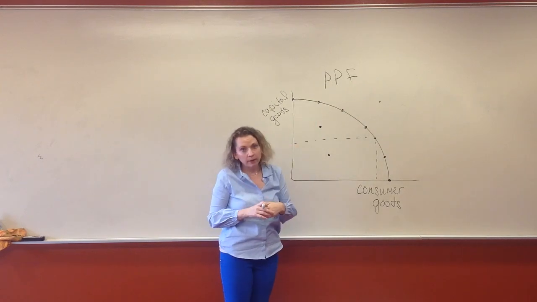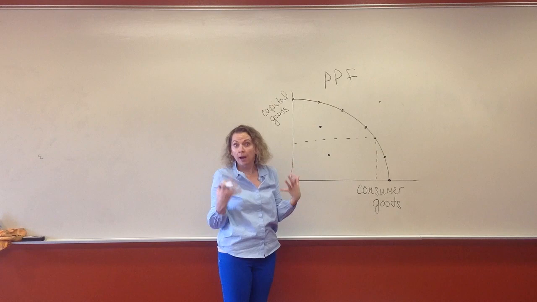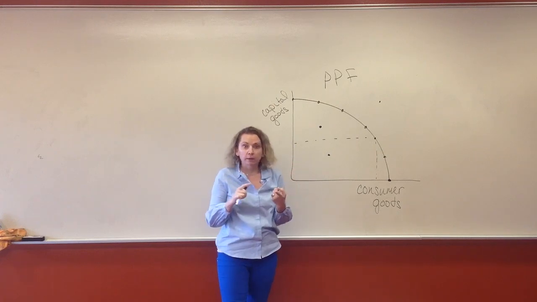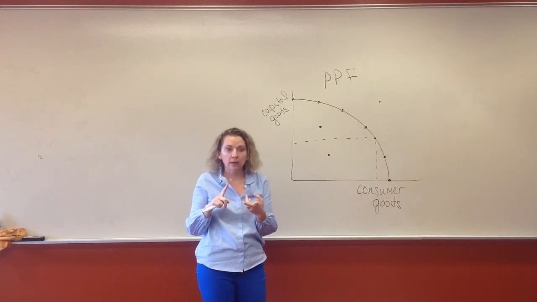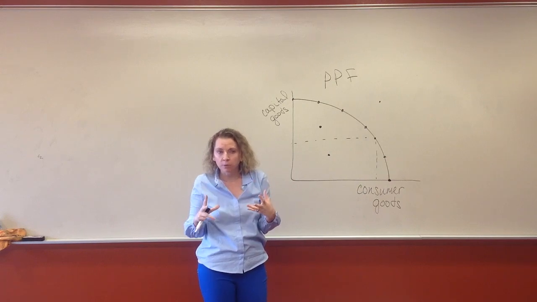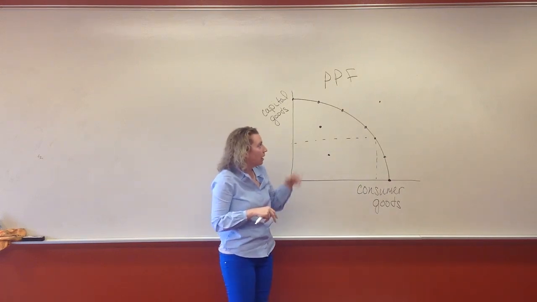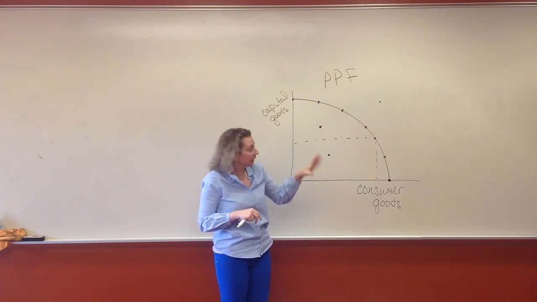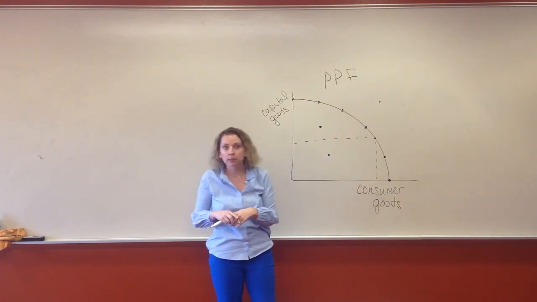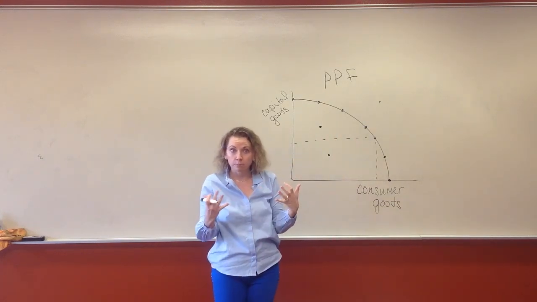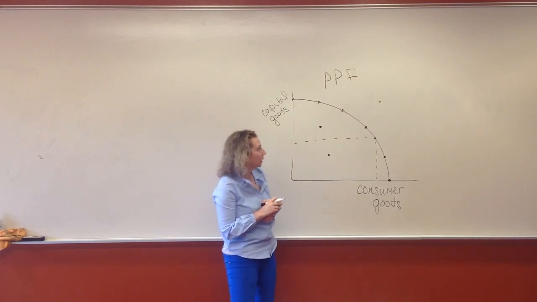Why would the PPF shift to the right or shift up and out? Well, things like better technology. Things like we find more resources, we discover more resources. Our population increases. Any of those things could increase our PPF or move it in the rightward direction.